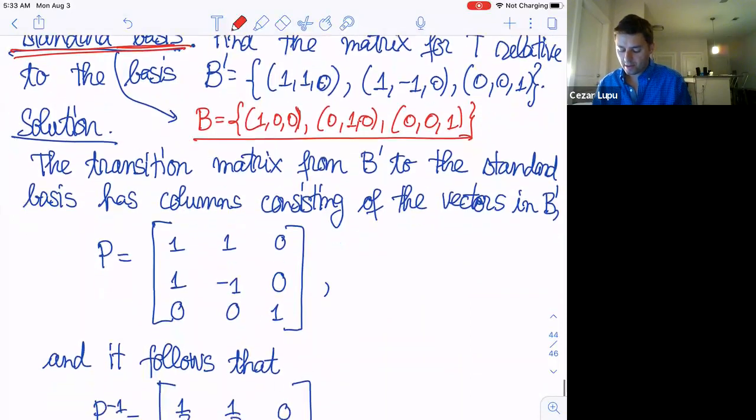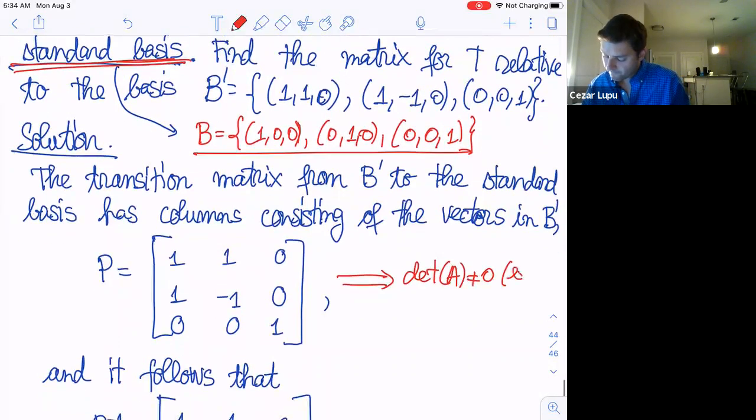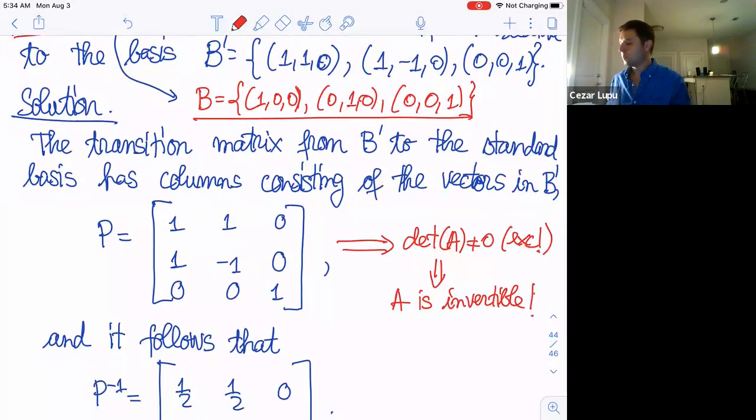And now it will follow that, well, clearly this is, I'll leave it to you as an exercise to show that the determinant of this is non-zero. So therefore, P is invertible. And once it's invertible, you can find the inverse.